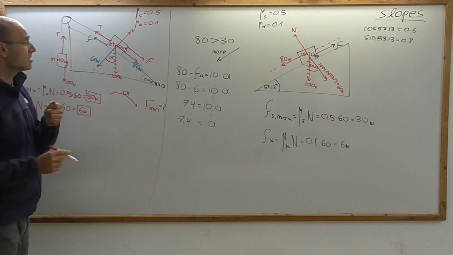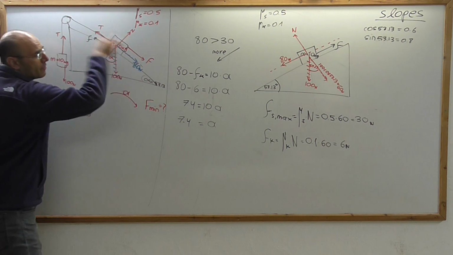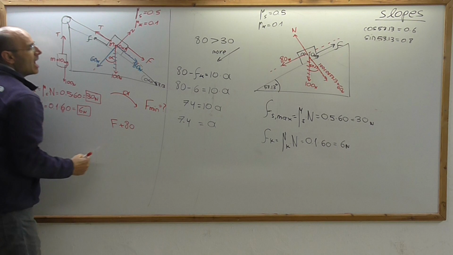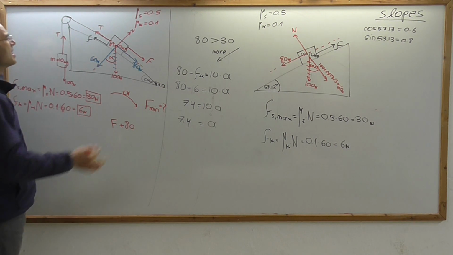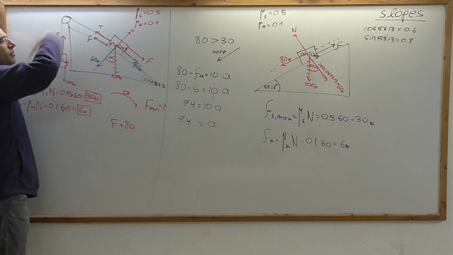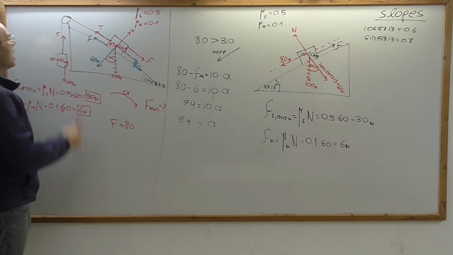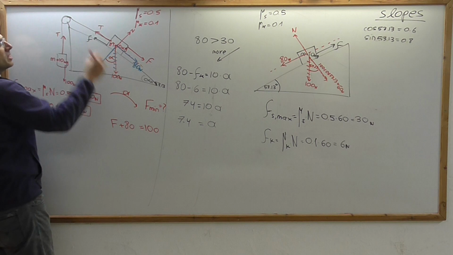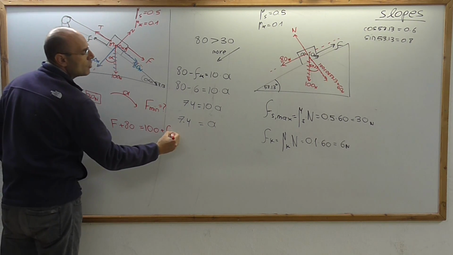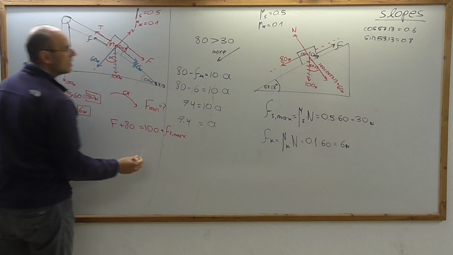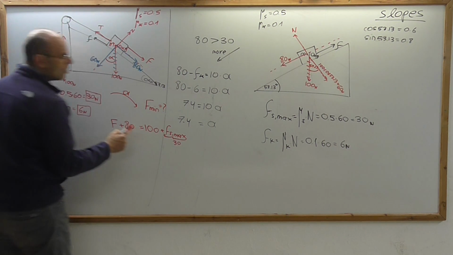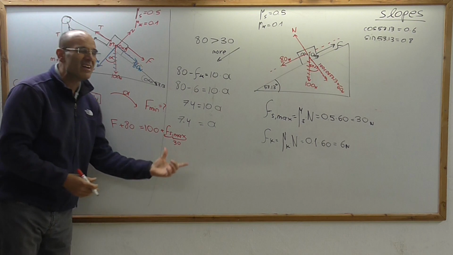Now I'm going to ask myself, the forces in this direction are F plus 80. I want it to be bigger than the maximum external forces in the other direction. I already have 100, and I will put here the maximum friction that can be, which is 30. I want these forces to be bigger.